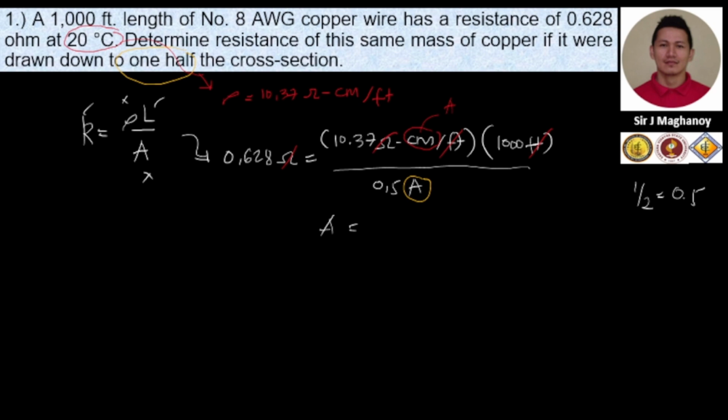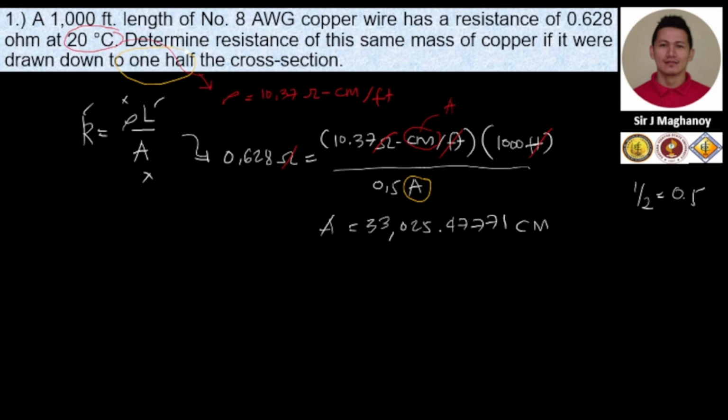The value of your cross-sectional area is equal to 33,025.4777 circular mil. So that is the value of your cross-sectional area when drawn down to one half.